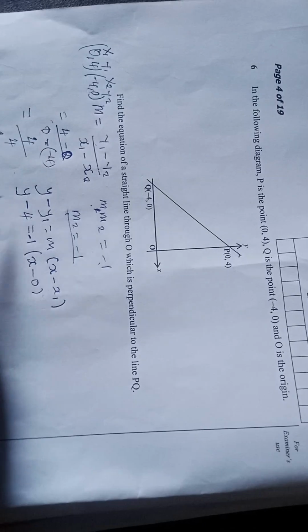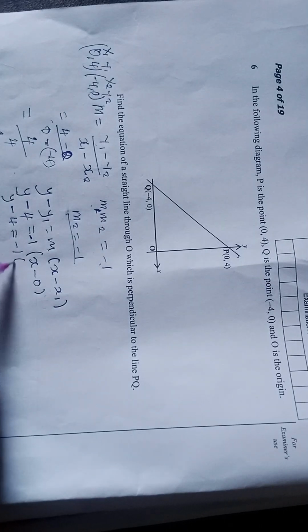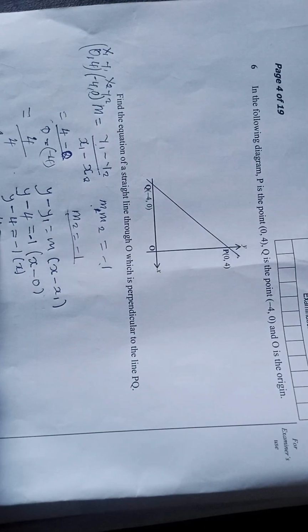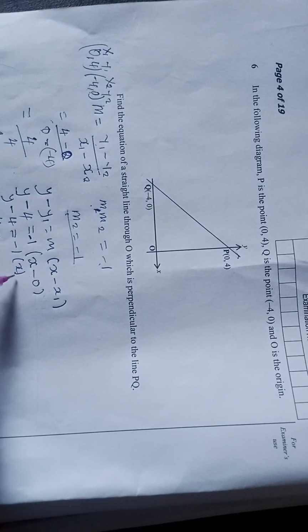Then you open the bracket, and x1 here is 0. So y minus 4 equals -1 times (x minus 0), which is x, so y minus 4 equals -x.